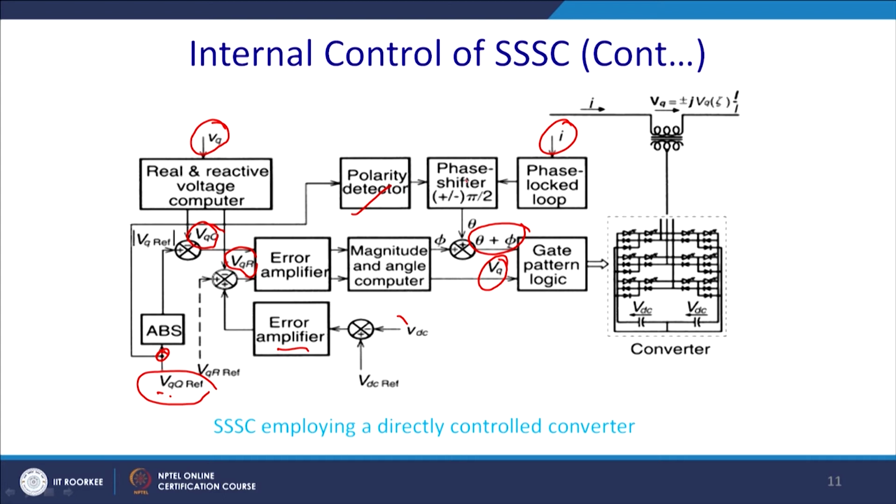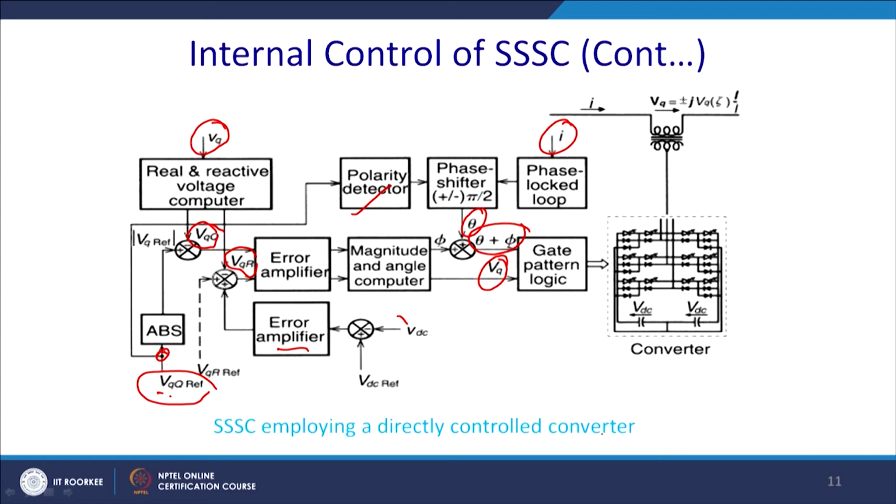From there theta will be generated, and from this error amplifier you will have the magnitude. Essentially, instead of the one PI controller here, in this case you will have 2 PI controllers, and thus theta plus phi will be the effective compensating angle, and you require to inject the magnitude VQ.